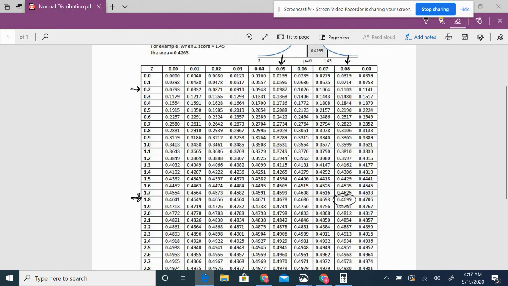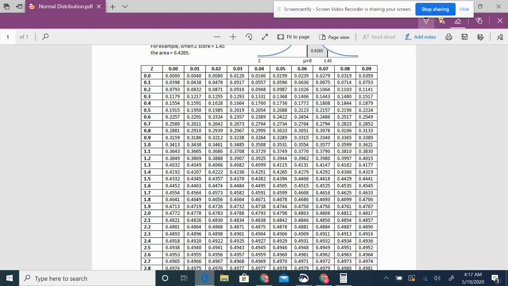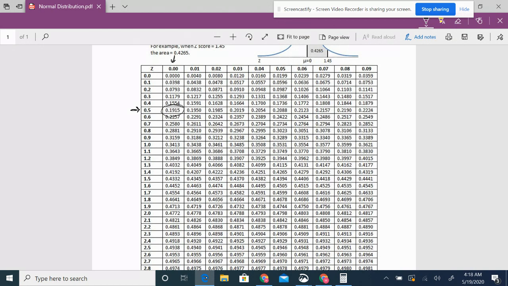Let me get my table. All right, my first number was negative 0.5. So 0.5 is here. My second decimal place was a 0. So that gives me 0.1915. That's my percentile, my proportion for the first value. Let's find out my proportion for the second value. My 0.83. 0.8 is here. My 3 is here.